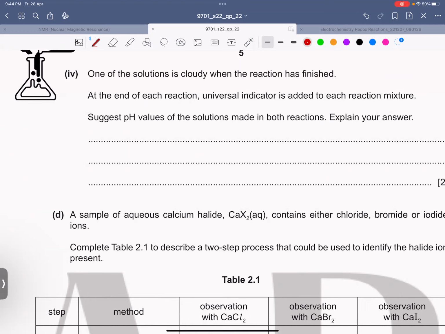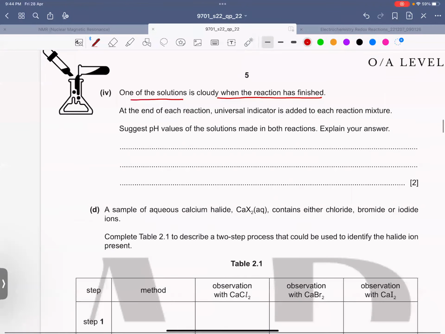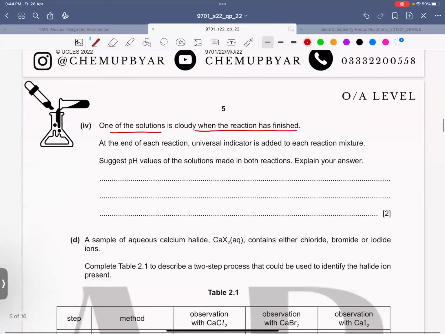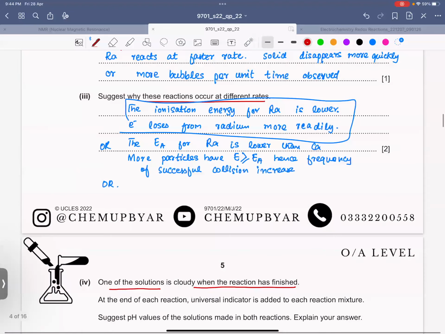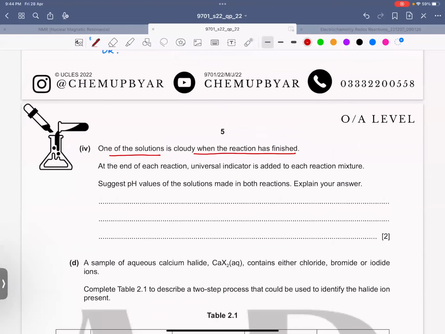Okay. Now part 4: one of the solutions is cloudy when the reaction has finished. If you recall the trend as we move down, when calcium reacts with water we get calcium hydroxide, and when radium reacts with water we get radium hydroxide.